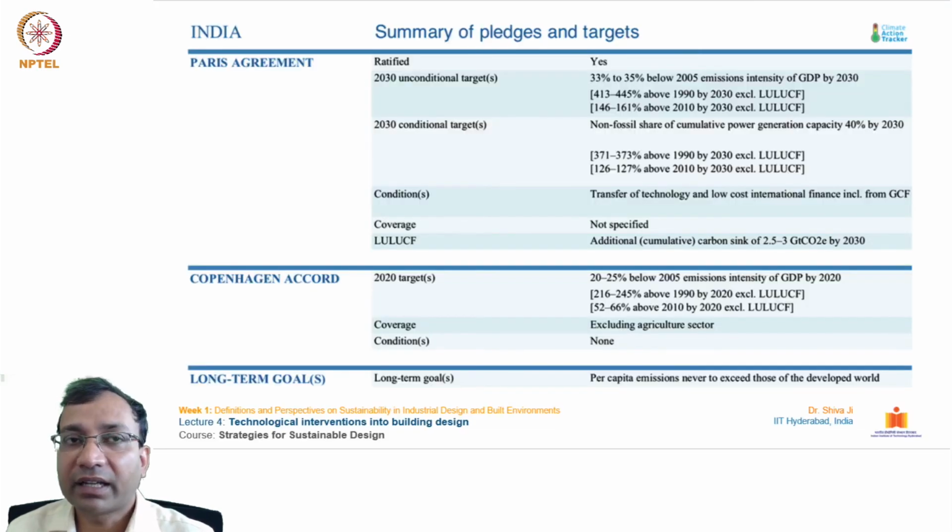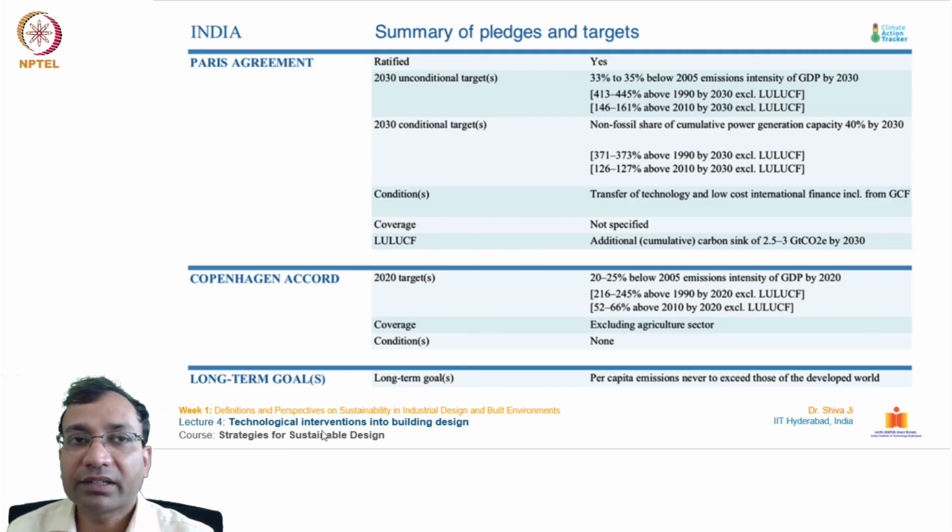Finally, on this last slide we can see how India has played a role in these different conventions, and how India has set its goals to bring the emissions down and adopt a path of sustainable development. The summary of policies and targets is given over here.